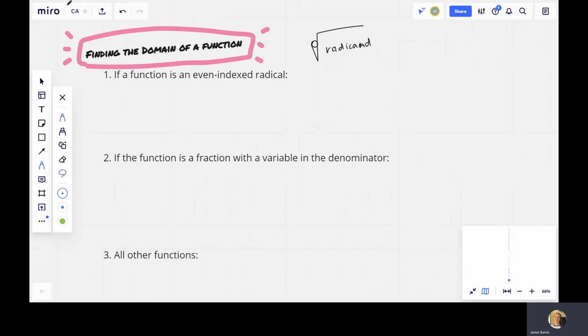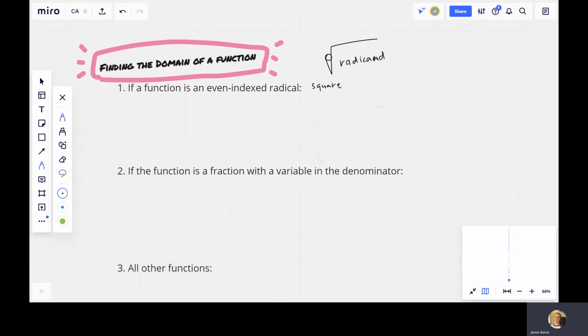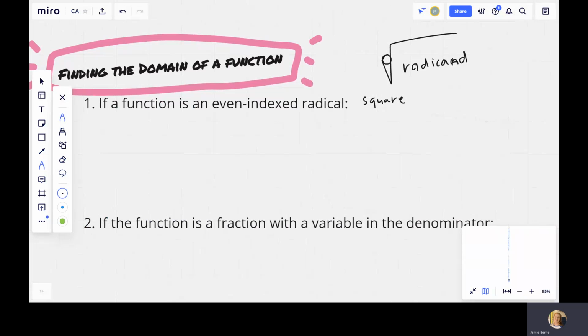All right, so if you have an even indexed radical, you can think about these like square roots. Let me zoom in a little bit so my writing is easier to read. Square roots, fourth roots, sixth roots. Of course, the most common ones you're going to see are those square roots.